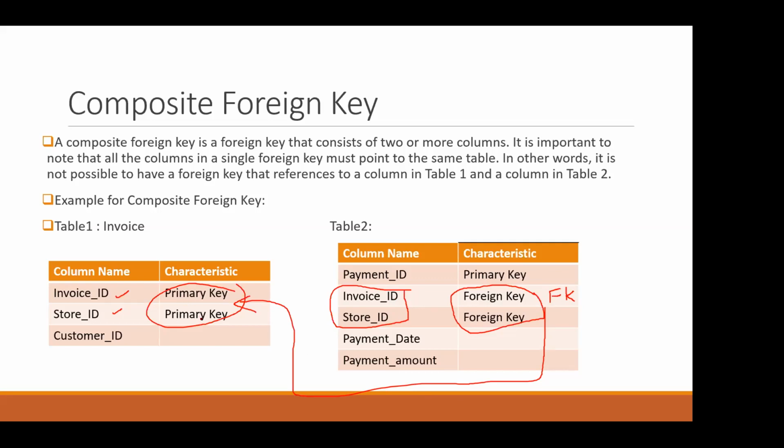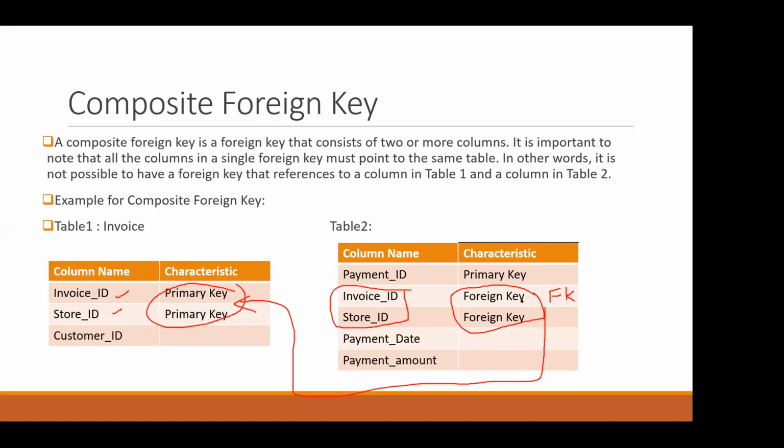Here also we are defining the primary key as a composite primary key, combinedly invoice ID plus store ID, and we are giving this composite key referred by table 2. It is also a composite key.